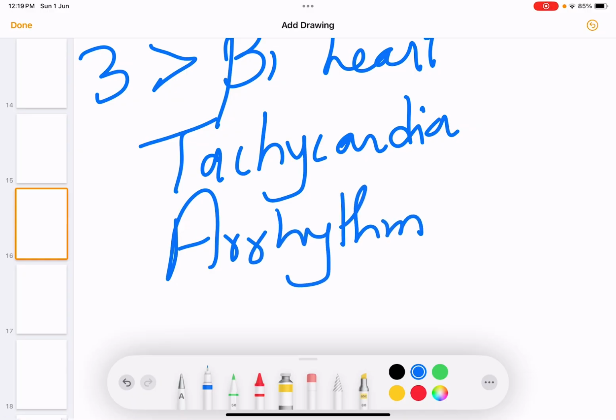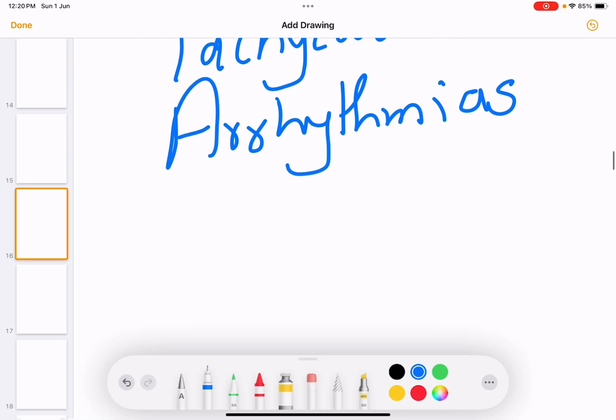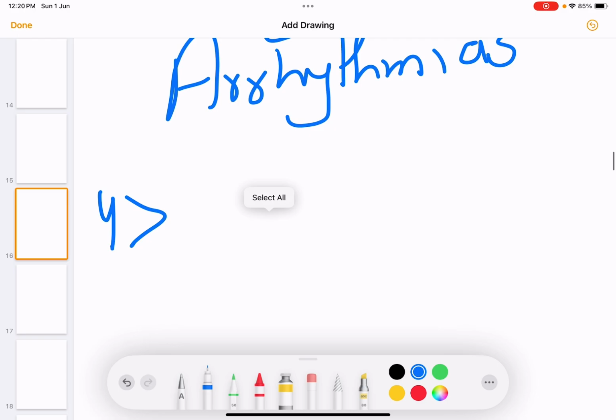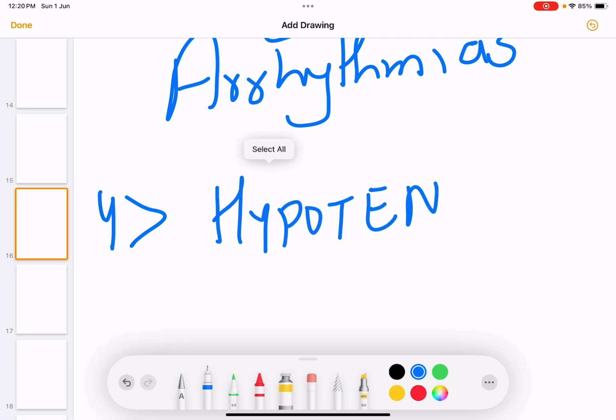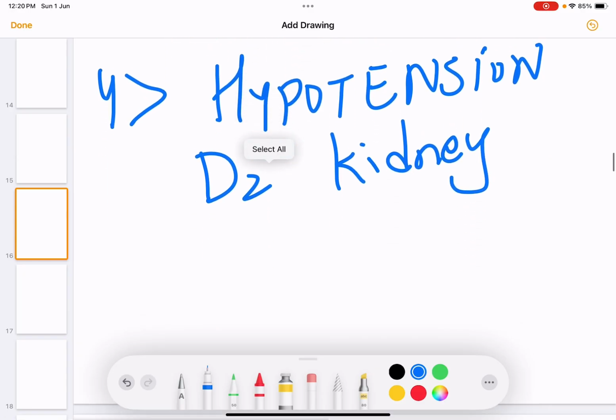Now fourth adverse effect is hypotension, especially postural hypotension. Dopamine can act on D2 receptors in kidney and there can be vasodilation which leads to hypotension.